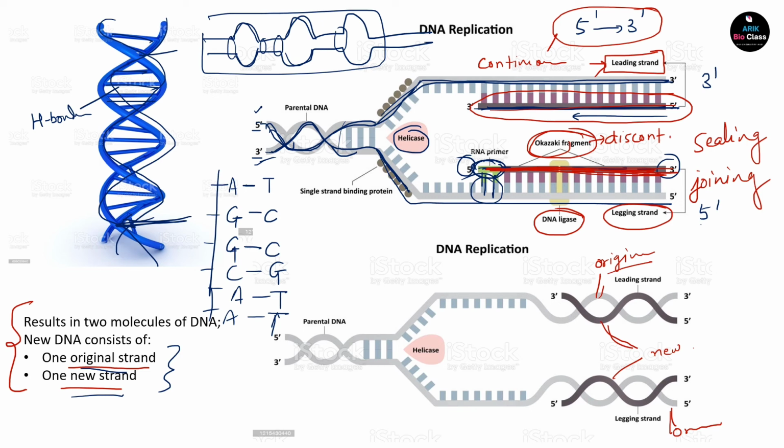Because somehow the resolution changes on the screen, there is variation in colors. So this seems dark gray to me, which is the newly constructed DNA strand. So this is how the process of replication occurs.